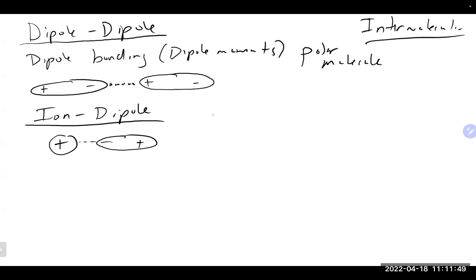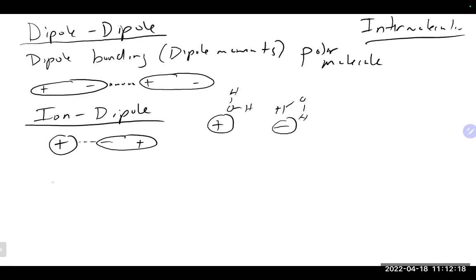Again, when we drop something like an ionic compound in water, the positive ion gets surrounded by the negative side of water, which is the oxygen. And the negative ion gets surrounded by the positive side of water, which is actually the hydrogens, and they surround each of those ions. And that is how an ionic compound dissolves in solution. That's sometimes referred to as an ion dipole interaction, which is similar to dipole interaction.